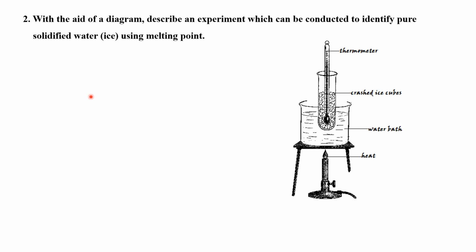So you place a sample of crushed ice. Please take note of the spelling for crushed. It has to be C-R-U-S-H-E-D, crushed ice. So place a sample of crushed ice in a test tube. You can also use a beaker in place of this test tube.